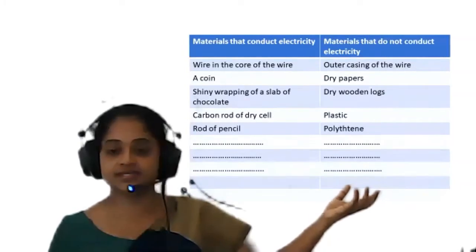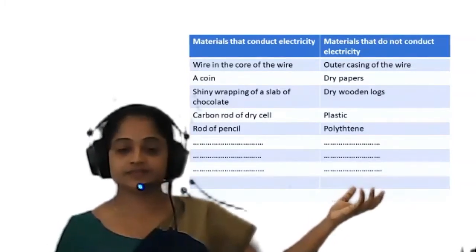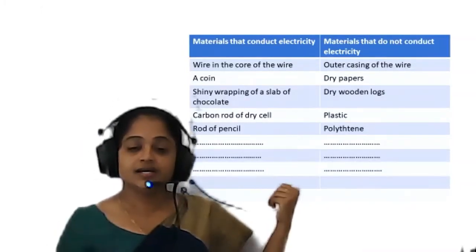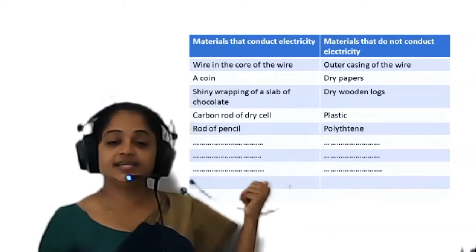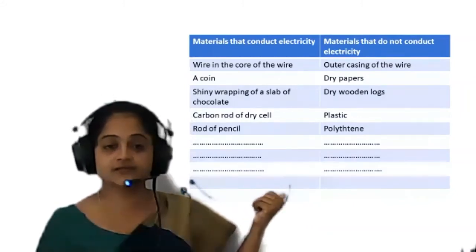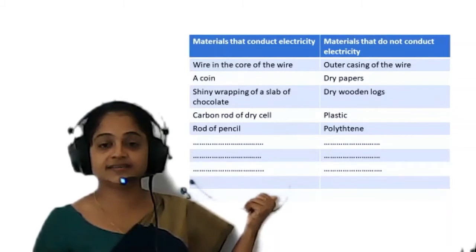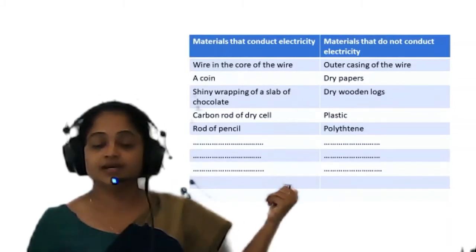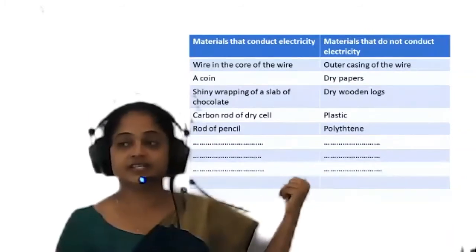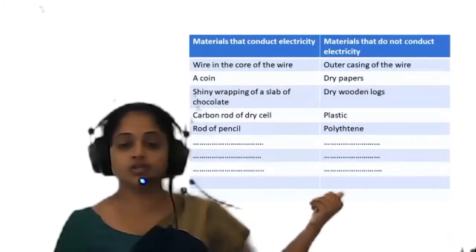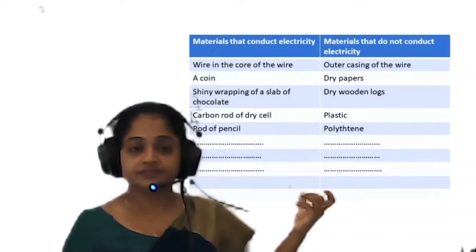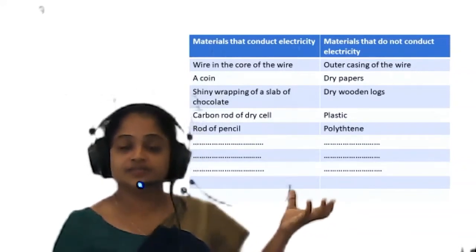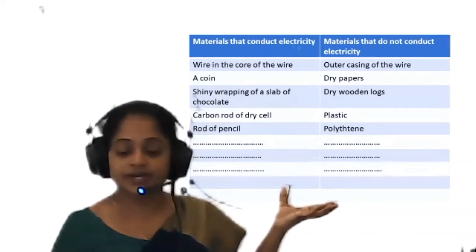And also you can write other examples for materials that conduct electricity and materials that do not conduct electricity. That's why I keep spaces in both columns. Okay, children, did you understand? Okay.